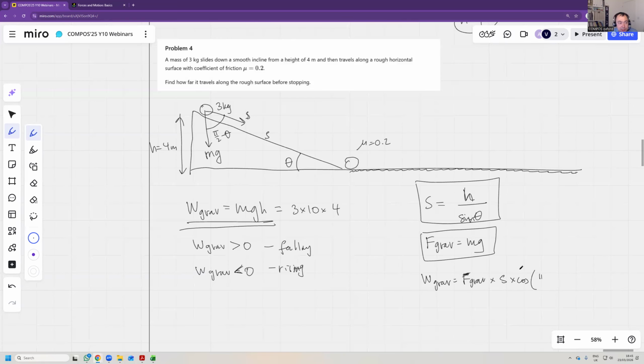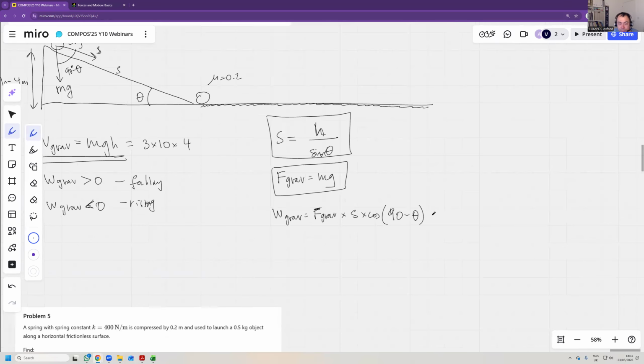Yes, that is correct. The angle is, sorry, not pi, it's pi over 2, 90 minus theta. Cos of 90 minus theta, and this is the angle between mg and s.